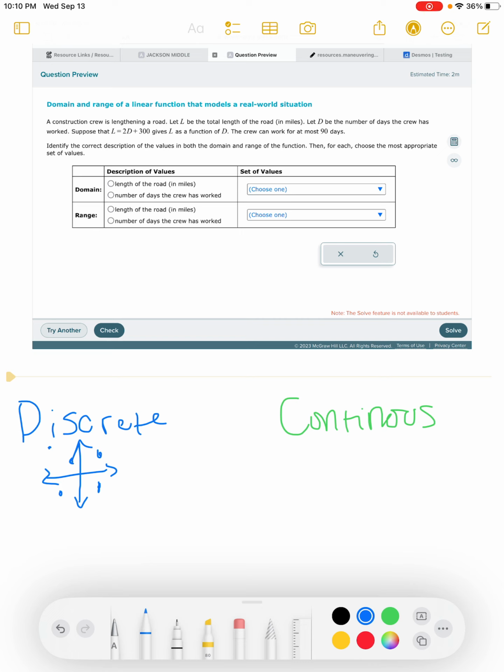But what's something that could be discrete? Usually, that's going to be something like a number of items. So earlier, I said we could say boxes of cereal is one.